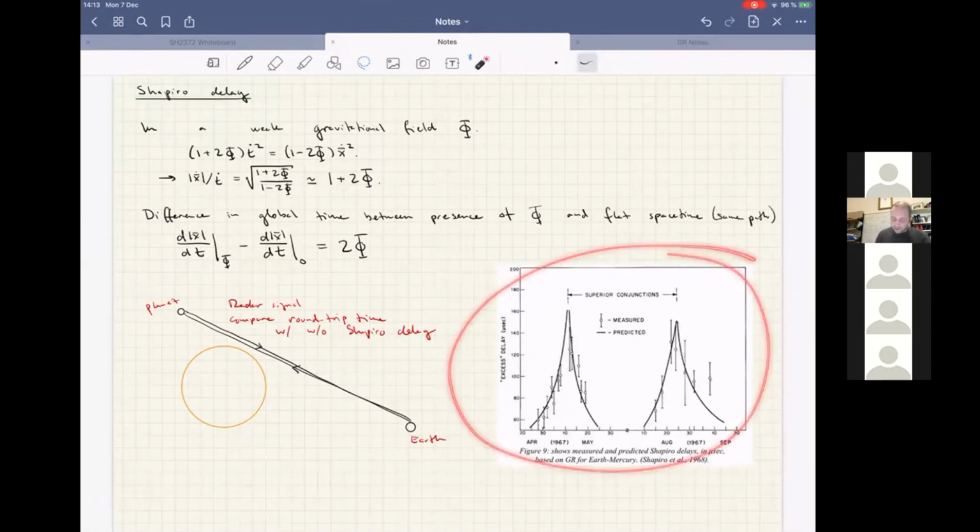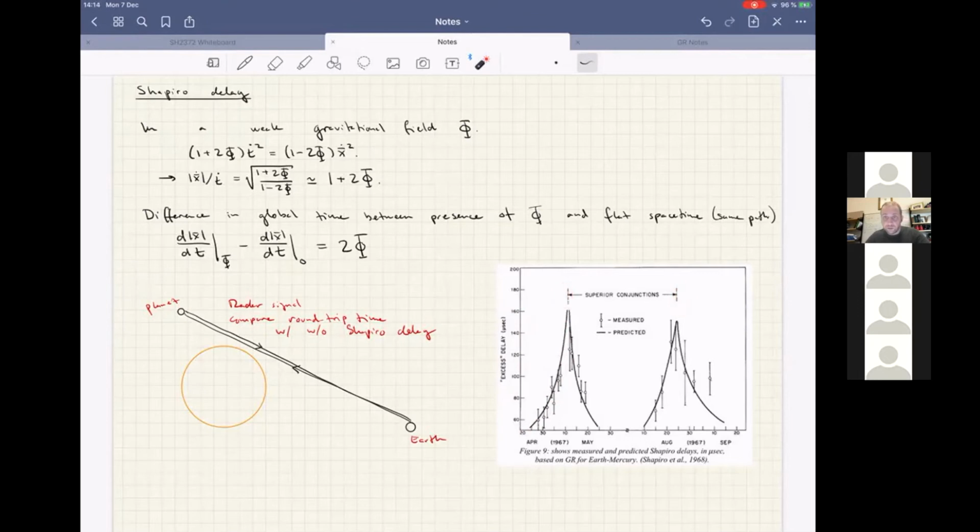So this figure here is actual experimental results from Shapiro in 1968, and it's Earth-Mercury. And I mean, you see the delays are like microseconds. So this is the additional delay from the Shapiro effect, and you see that this is positive. And what is happening here, of course, is that these are conjunctions.